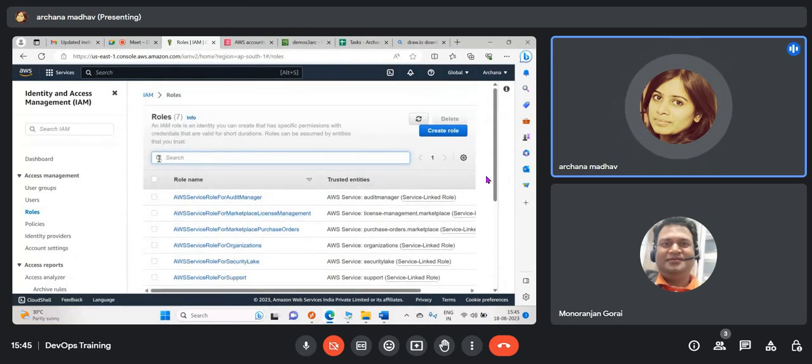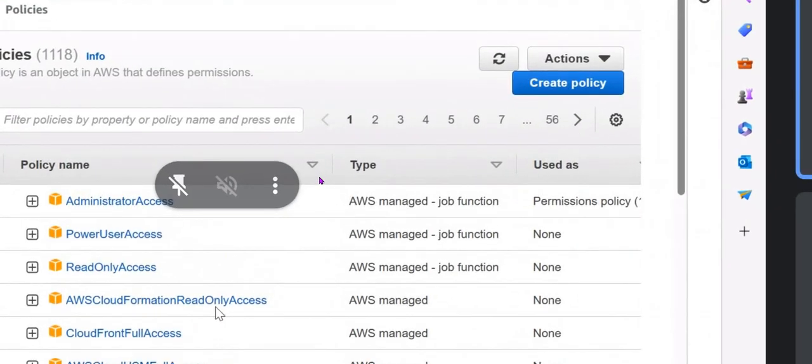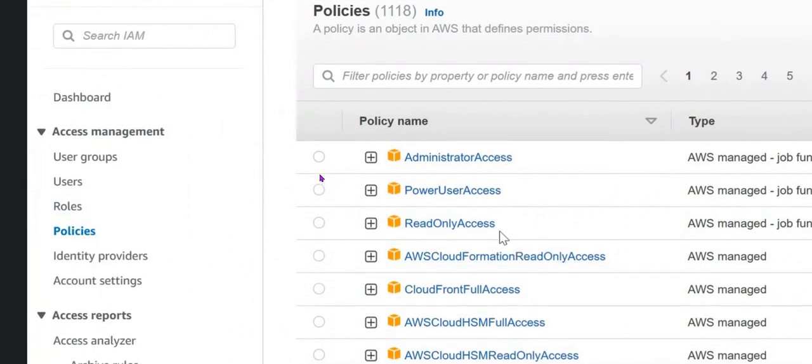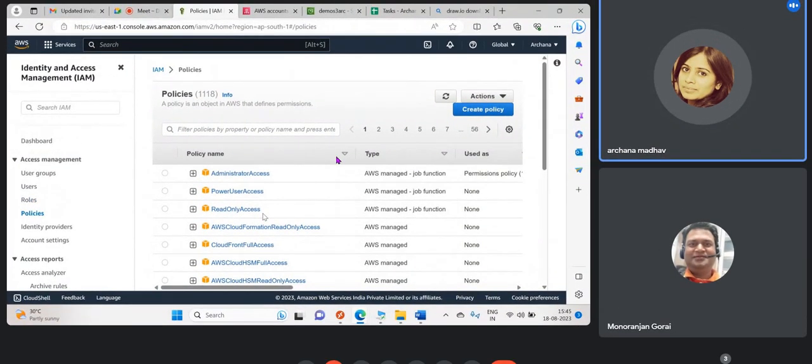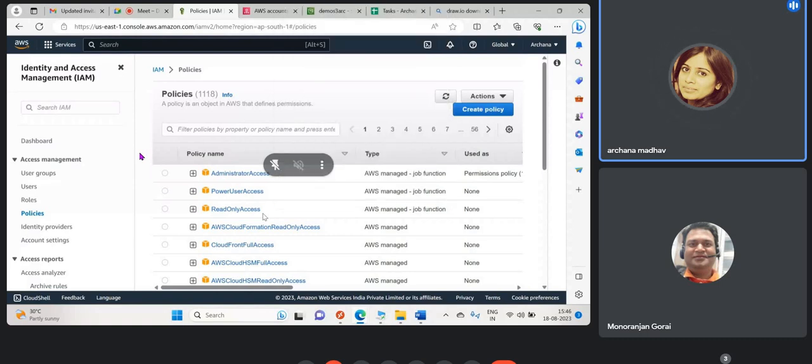Here, for example, I am creating two policies. In one policy, I am giving all the write access for EC2, and in the same policy I have given the write policy for S3 also. But in another policy, policy 2, I have created some other service policies, but for EC2 I'm giving only read access.